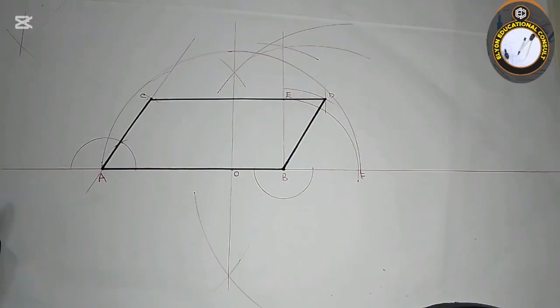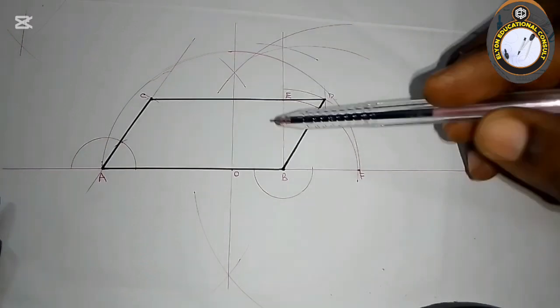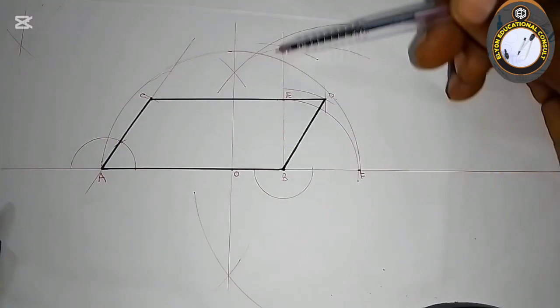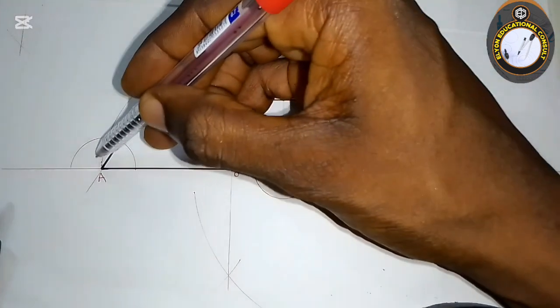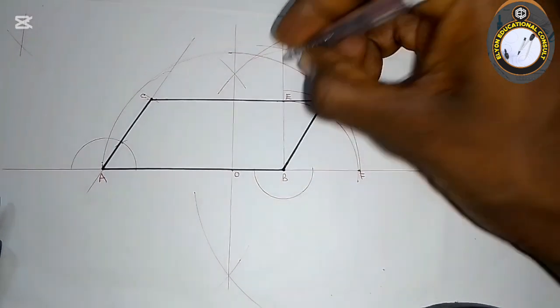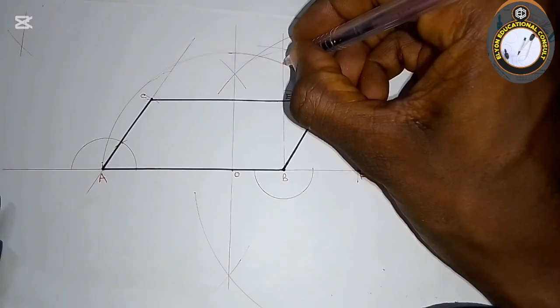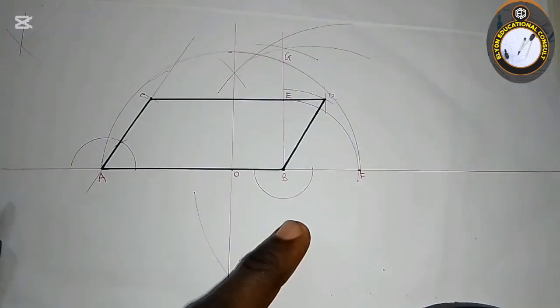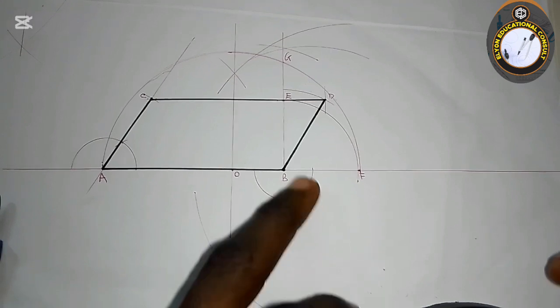I will take note of where my perpendicular line touches the semicircle I drew. At this point, let's call it point G, which gives one side of the square.